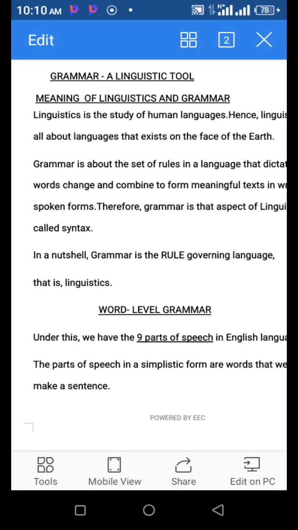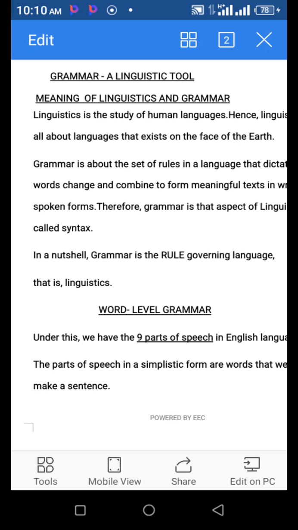Another part of speech, verb. Verb and verb tenses. Verbs and verb tenses are very, very important in the English language. Not that the rest of the parts of them are not important, but verb and verb tenses form most of the basic English sentences. Because without a verb, you cannot show us what you're doing. Then what is a verb? A verb is an action word.